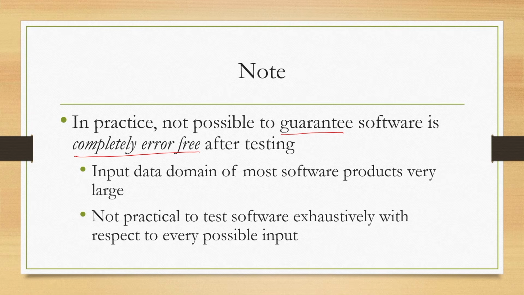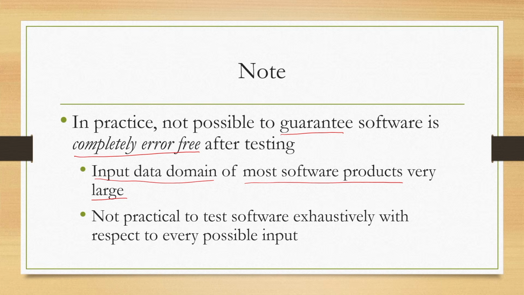Instead, what we can do is something different, but before that, why is it not possible? Because the input data domain, that means the set of values that can act as input, for most of the real life software products is generally very large in size.